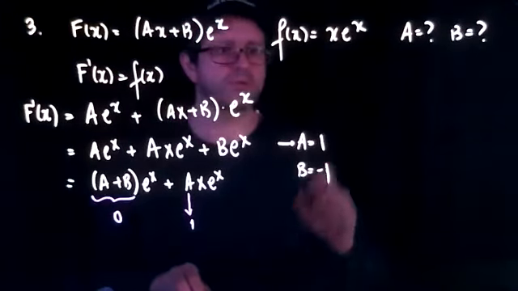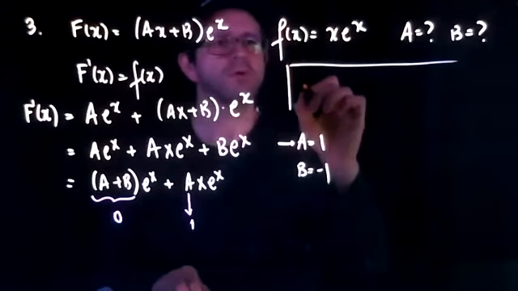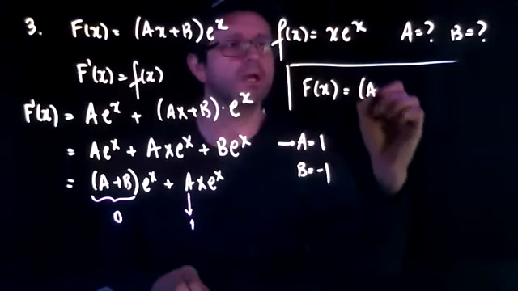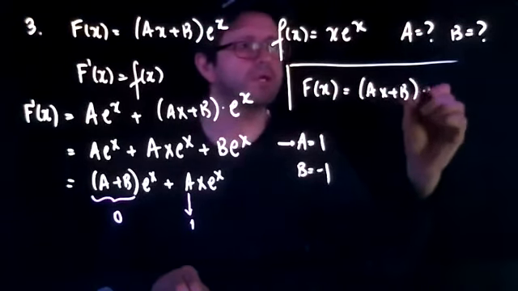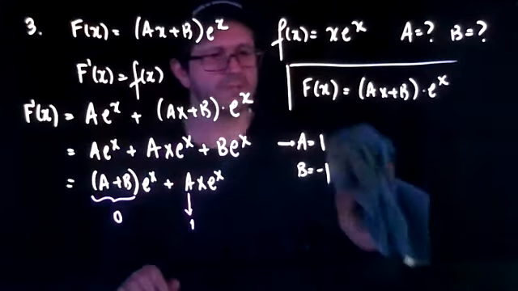Okay, so if f of x is equal to (ax plus b) times e to the x, I'm going to erase this and put it below.